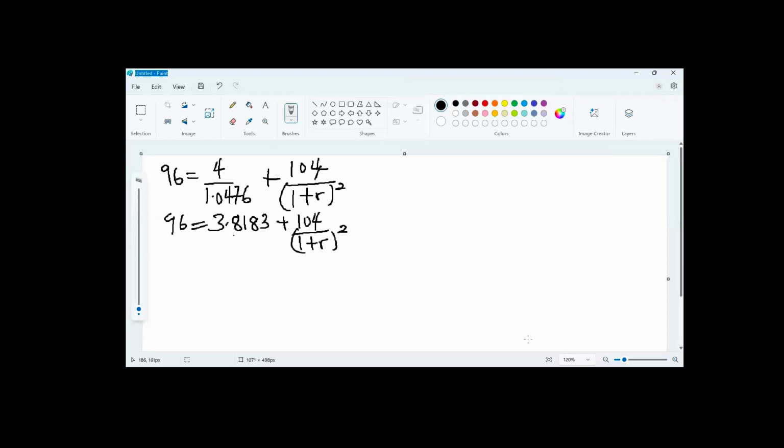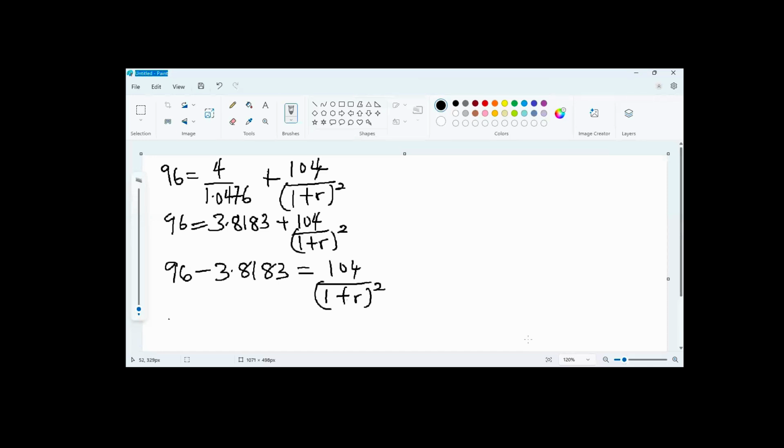Now I'm going to collect like terms. 96 minus, if I take this 3.8183 across, it becomes 96 minus 3.8183, which is equal to 104 divided by 1 plus r raised to power 2. Please solve 96 minus 3.8183.